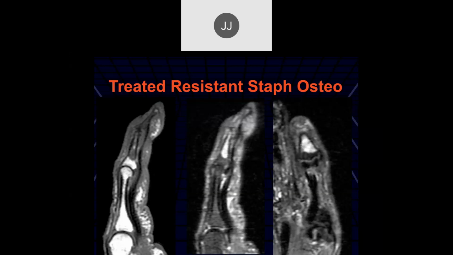And on here you put a non-sticky bandage in that area so that the nail doesn't attach to it. I forgot the name of the material, but anyway, until you're healed, you can't put the nail back. Once you've gotten rid of the infection, then you put the nail back in place.